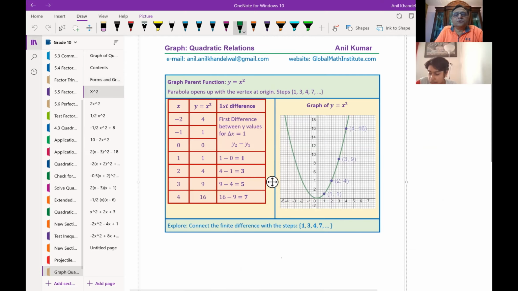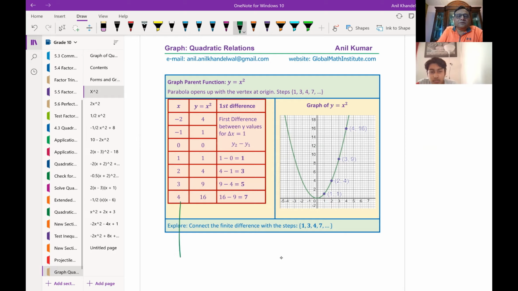We'll quickly go through the standard graphs. If I have to sketch y equals x squared, you know it is a parabola, right? You can make a table of values. So take x as minus 2, minus 1, 0, 1, 2, 3, 4. So these are the key values, right?